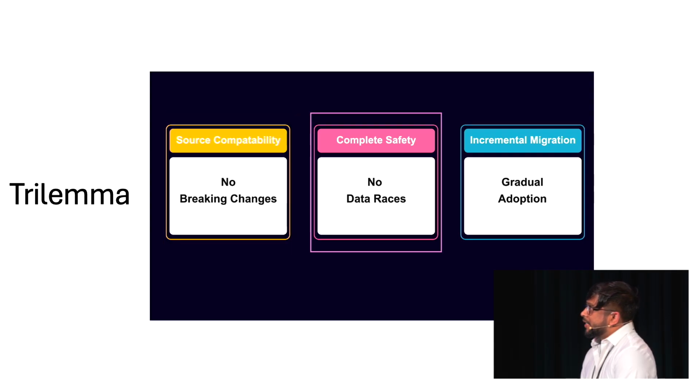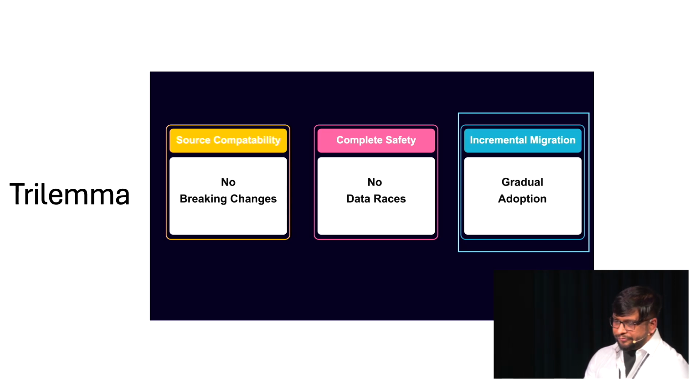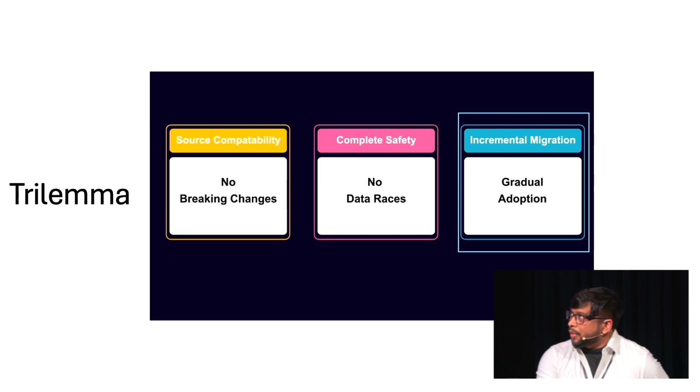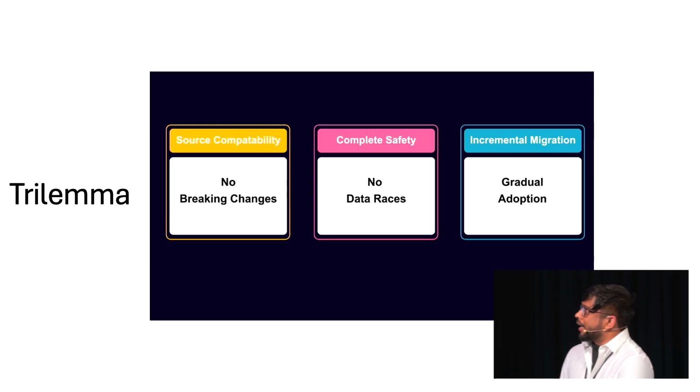Complete safety, the compiler checks for data races. And 3, incremental migration, you are able to migrate the code from one version to another, module by module, and of course, feature by feature. Here's the problem, you have to pick only 2. Let me show you what Apple chose at each stage.